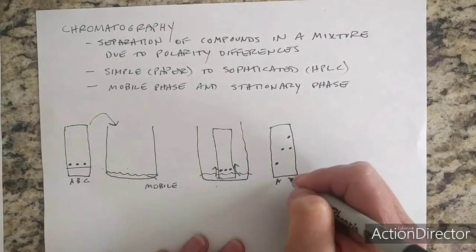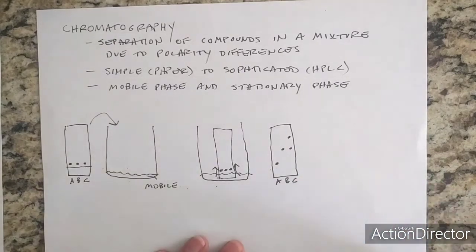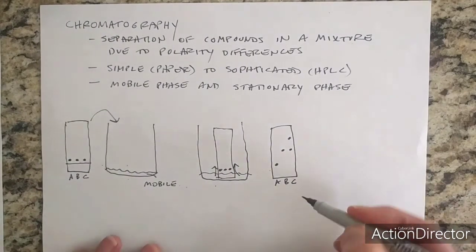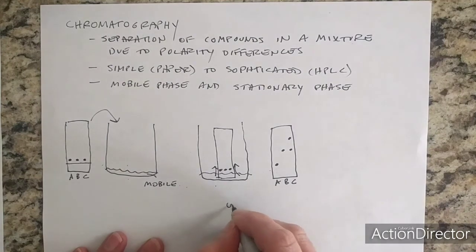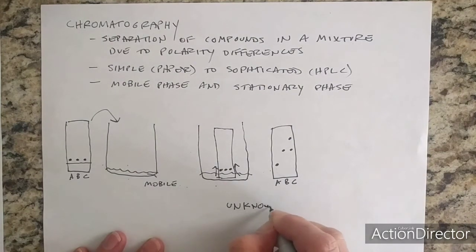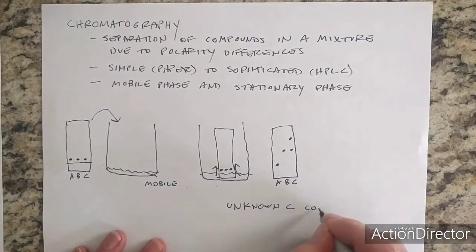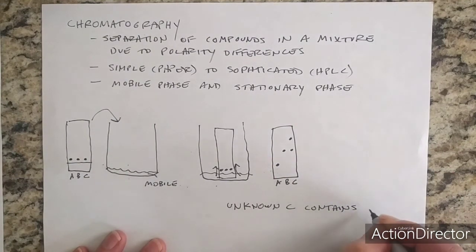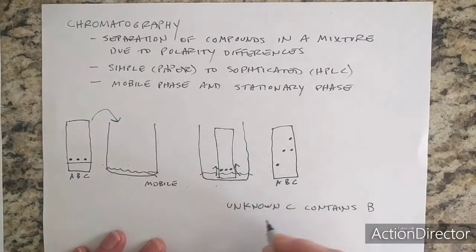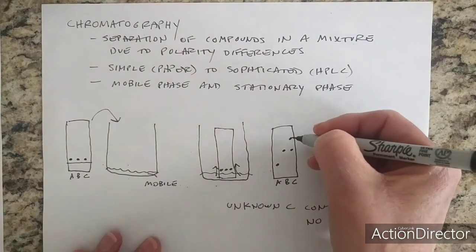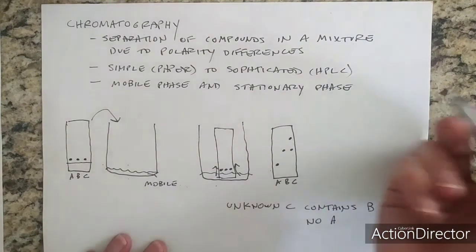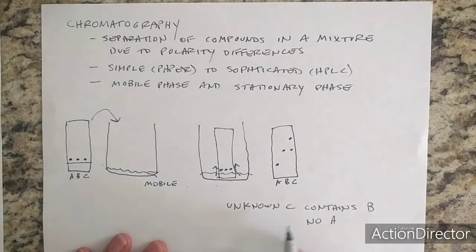So here is where A was, B, and C. What this tells us is that our unknown, if C is our unknown, contains compound B. It does not have A, and it has another compound in it, and we don't have information what that is. So unknown C contains B, no A, and some other compound.